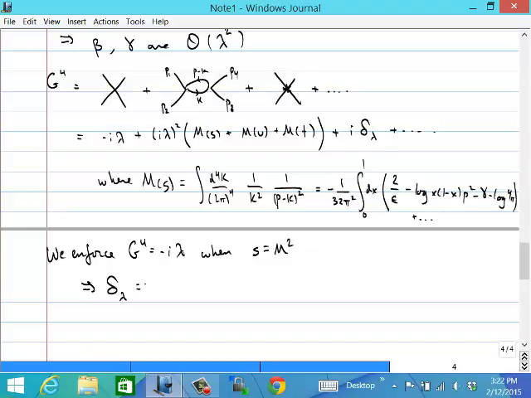So in particular, it's minus lambda squared, okay, to cancel that lambda squared here, times 3 times, okay, this is where my notation is a little bad. I forgot I used m for the renormalization scale, so let's not call that m. Let's call it a.